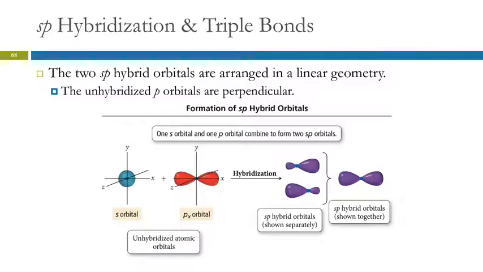The unhybridized p orbitals are still there, because this is using the px orbital. Then the unhybridized orbitals, there'd be the py and the pz, so they'd be at right angles to each other still.